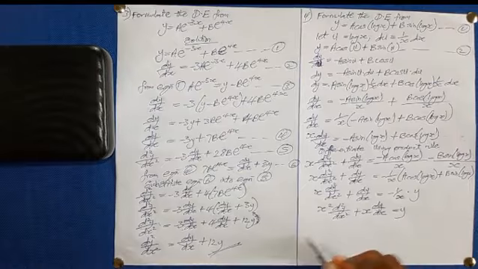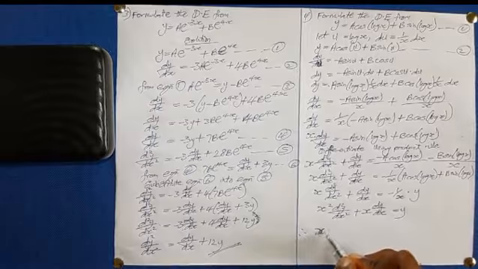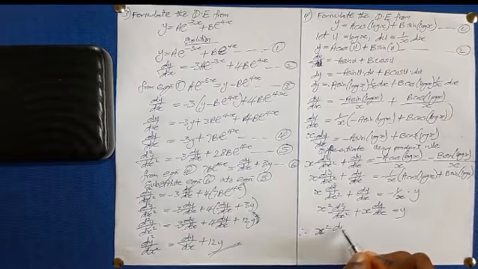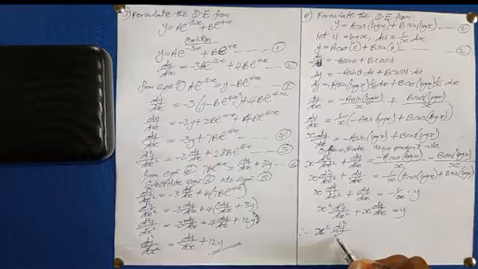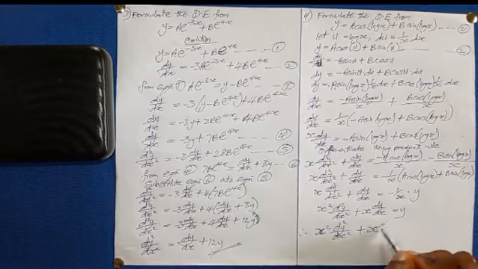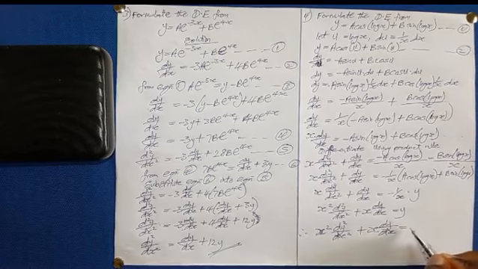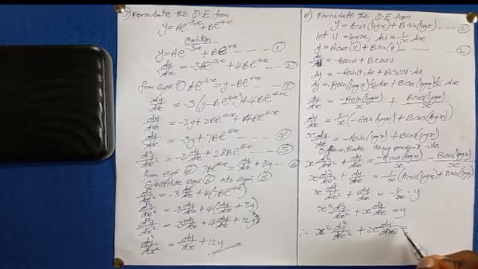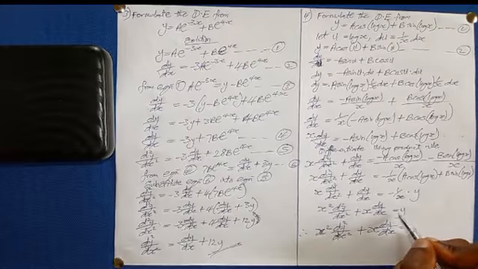So, getting to our final answer, we have x squared d²y/dx² plus x dy/dx equals to, oh, now we plus because it was minus here.